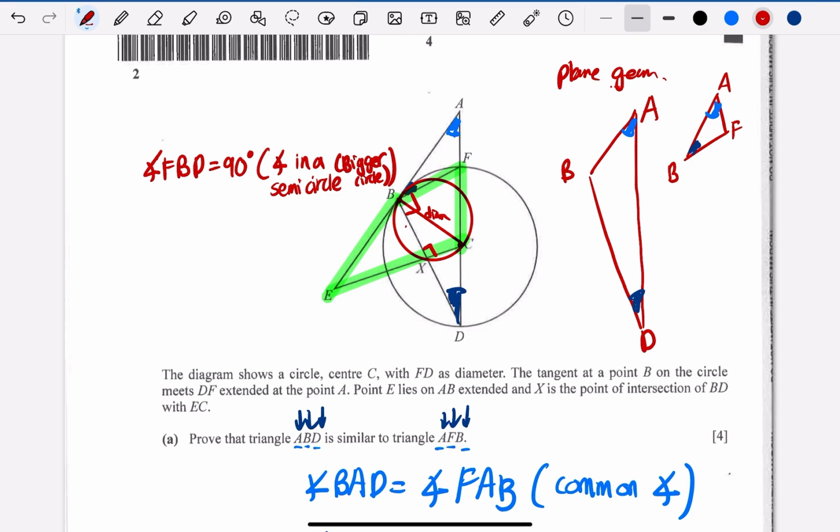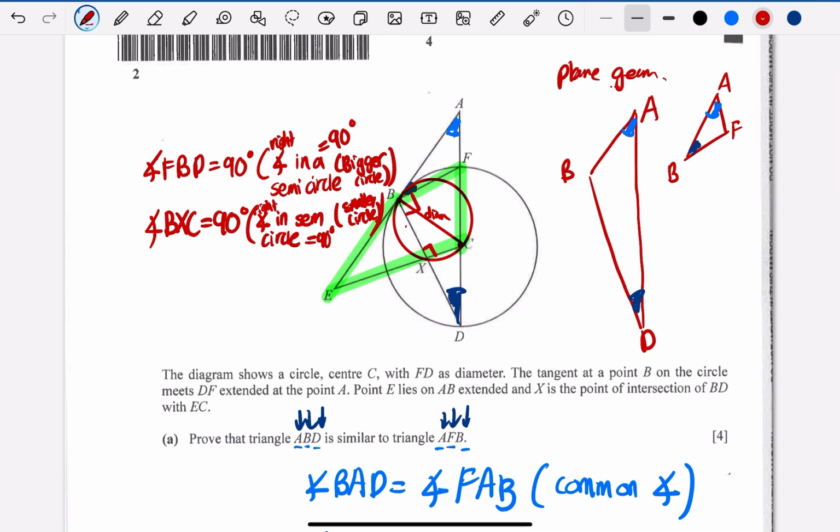And we can also tell them that angle BXC is also equal to 90 degrees, because this is again another right angle in a semicircle. Sorry, I forgot to put equals to 90 degrees, and this is the smaller circle.